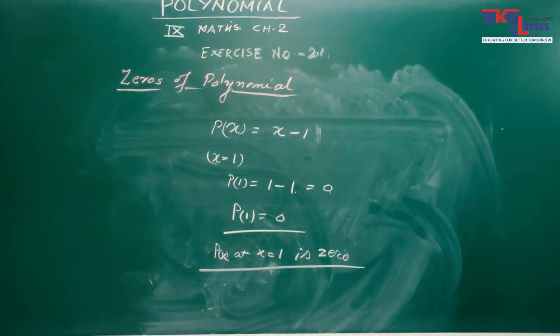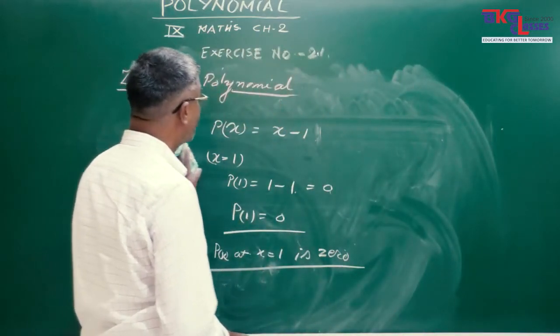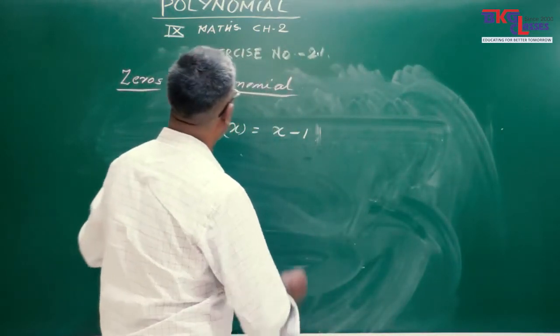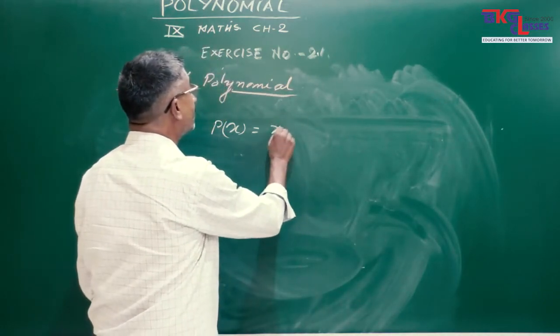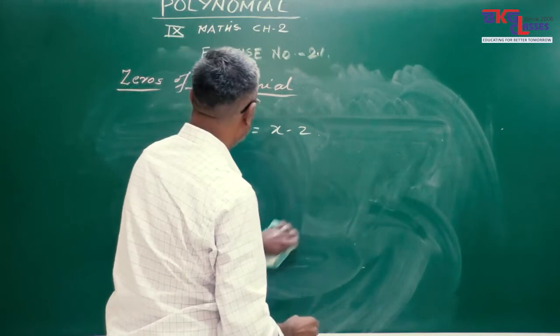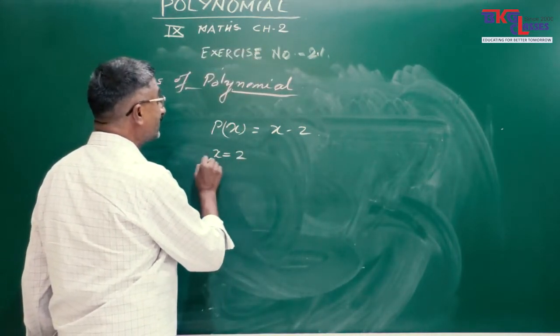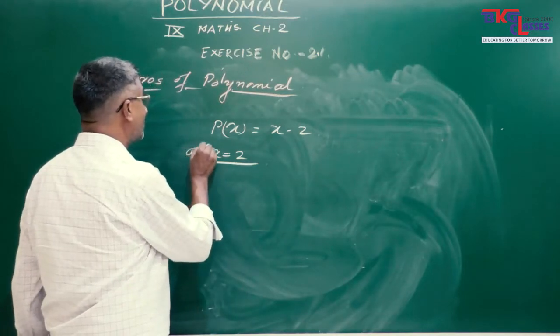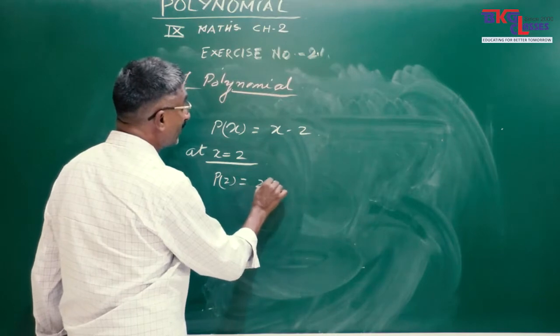Similarly, we can check it with Q(x) is equal to x minus 2, that is given in your book also. Very logically you can understand, when x is equal to 2, P(2) will be equal to 2 minus 2.